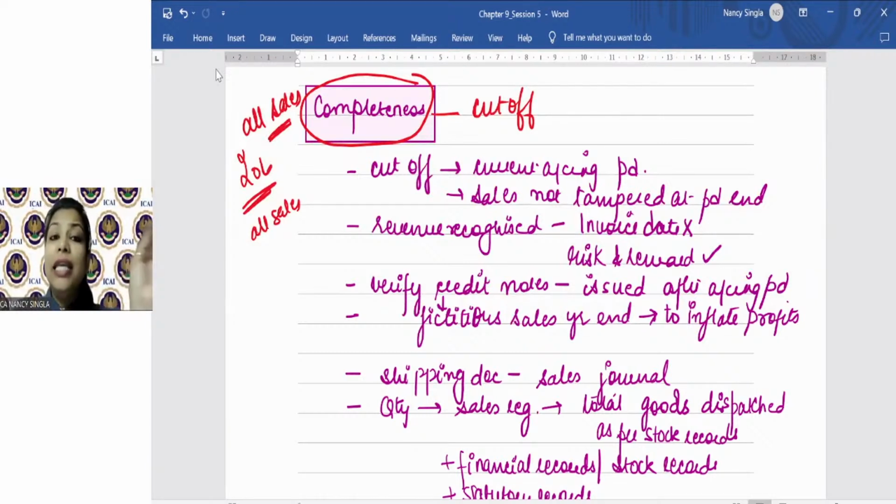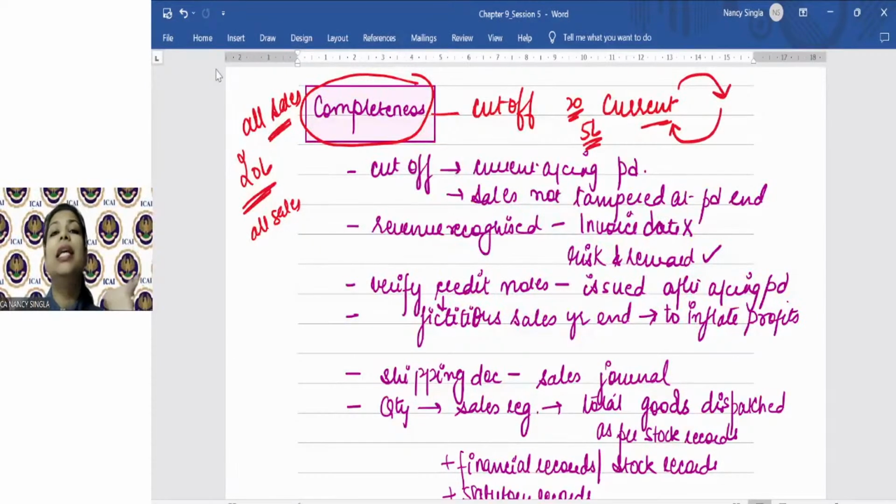कट ऑफ क्या होता है कि ये जो 20 लाख है ना, ये करंट पीरियड को ही बिलोंग करता है. It should not happen that out of this 5 lakh sales is pertaining to the next year, but that has been considered in the current accounting period, है ना. That correct accounting period में है, उसको क्या बोलते हैं, कट ऑफ. कि कट ऑफ डेट में हमने चेक करना है कि जो भी सेल्स बिफोर द कट ऑफ डेट है दैट शुड हैव बीन कंसीडर्ड इन द ईयर अंडर ऑडिट. उसके बाद की कोई सेल्स है तो वो नेक्स्ट ईयर में कंसीडर होगी. समझ आता है?